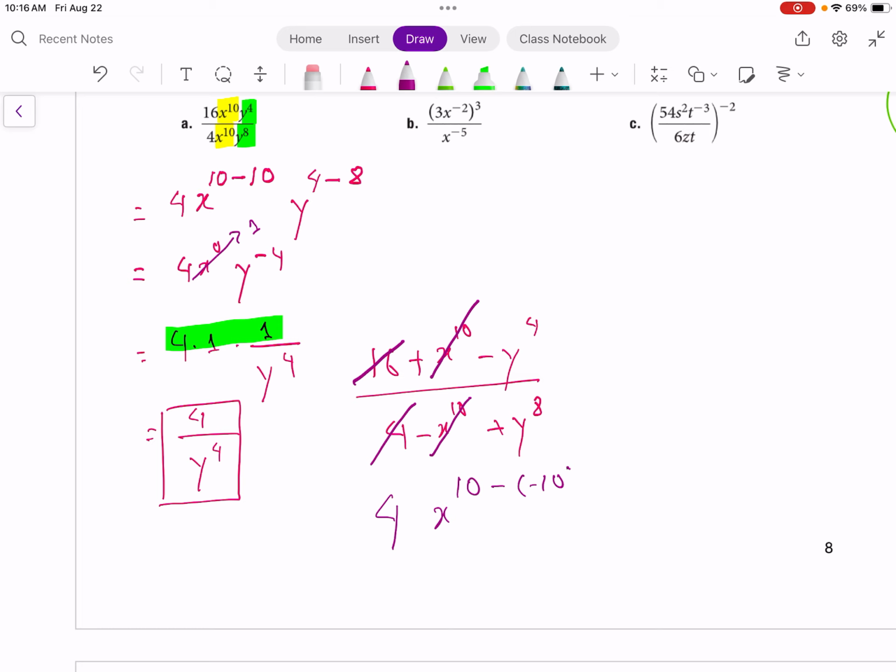Then that's x to the 20 x. What about for y? It's going to be y to the power 4 minus 8. How many of you agree on this part?